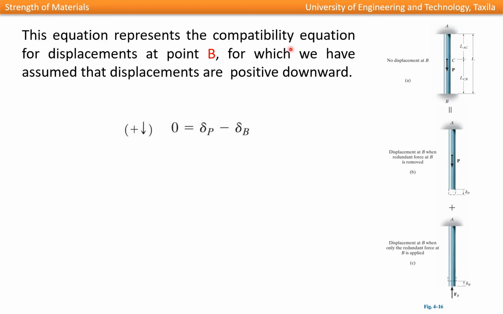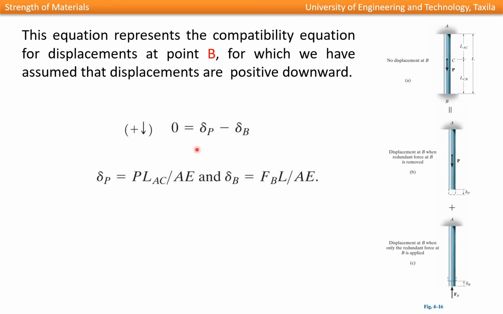This equation represents the compatibility equation for displacements at point B, for which we have assumed that displacements are positive downward. So the downward direction is positive, and for end B the displacement is 0, which equals delta P downward, which is positive, minus delta B, which is upward in this case.